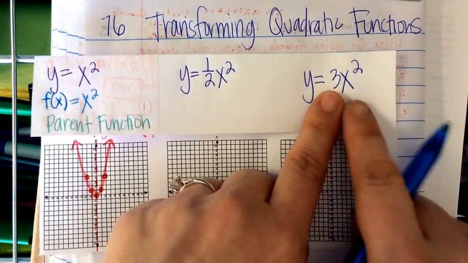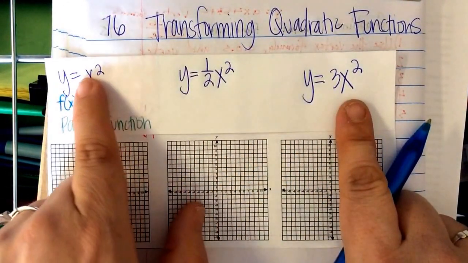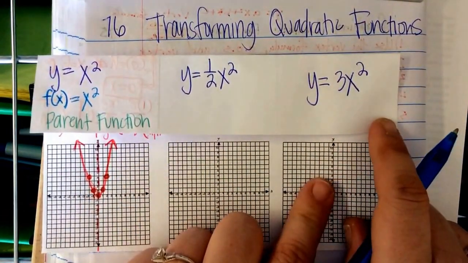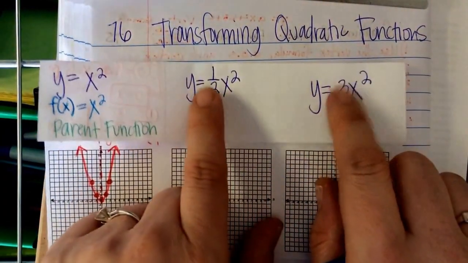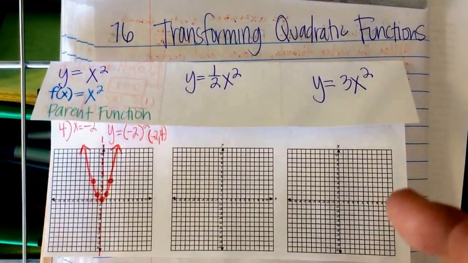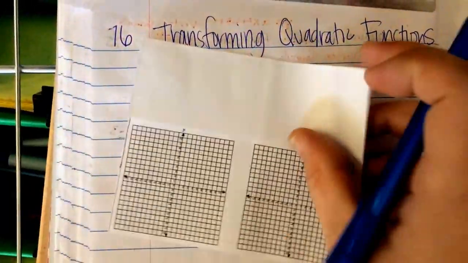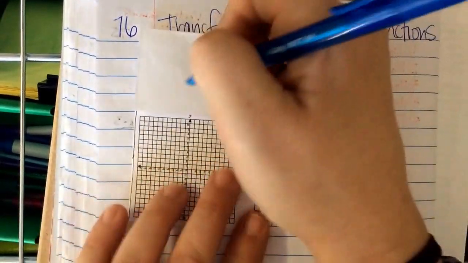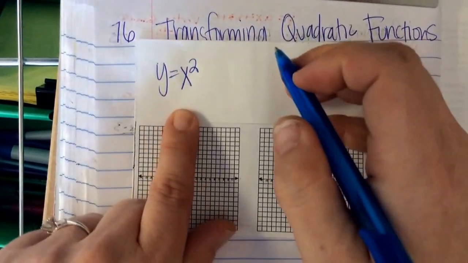Then we look at this. This one is 3. My a value, instead of 1, is now 3. What happens from the parent function to this one? You're going to graph it to see what changing the a value does to my function. Then you're going to grab your other two, y equals x squared, that's your parent function.